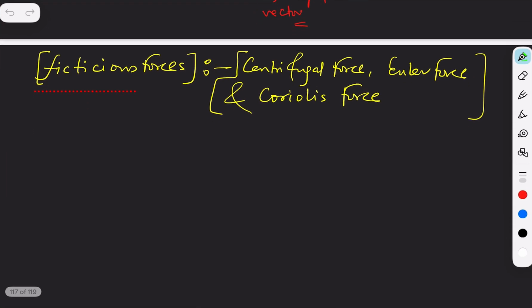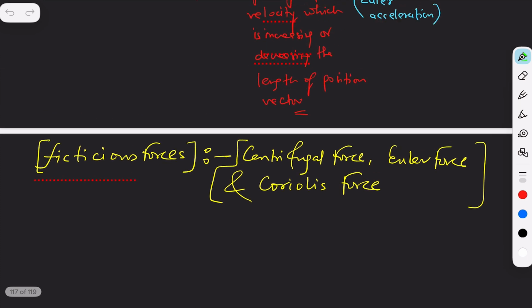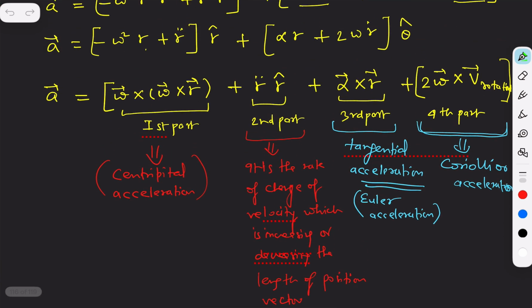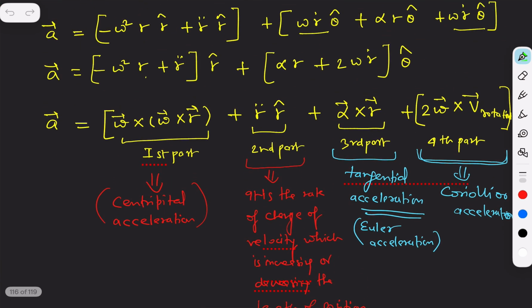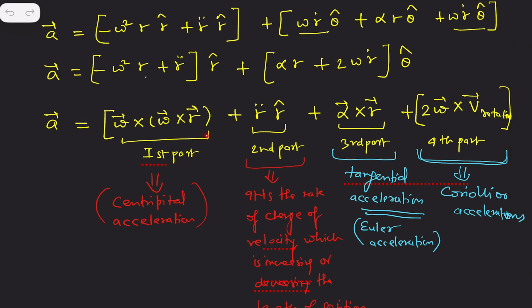Hello students. So in the last class we had discussed the general relation for acceleration. If a particle is moving on a general curve, what would be its acceleration in general? There we had discussed the centripetal acceleration, which is the acceleration in the radial direction.